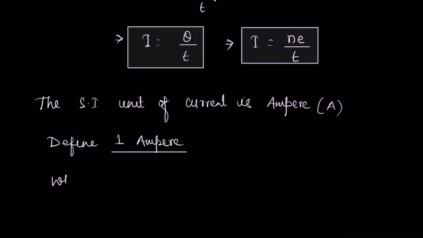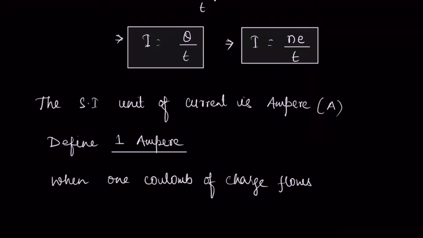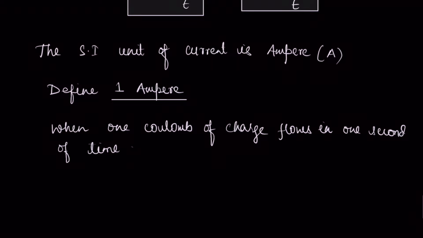When 1 coulomb of charge flows in 1 second of time, then it is said to be 1 ampere.